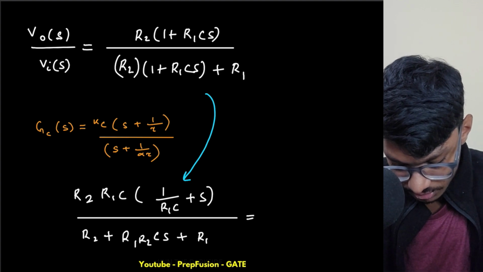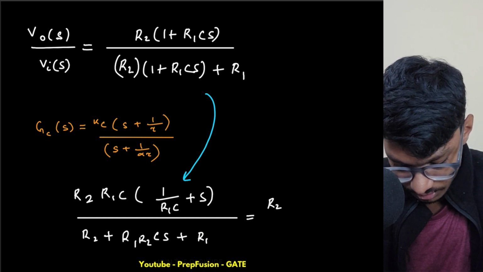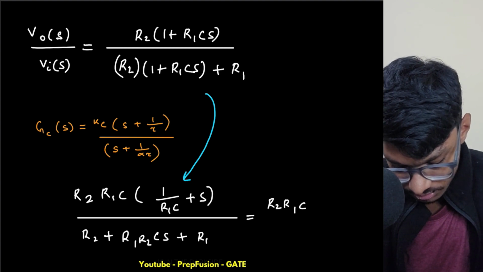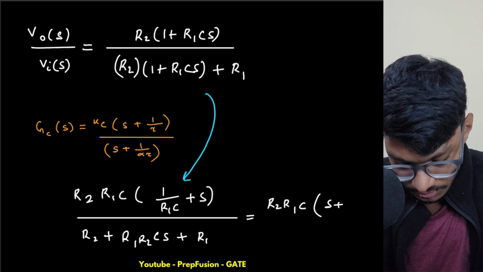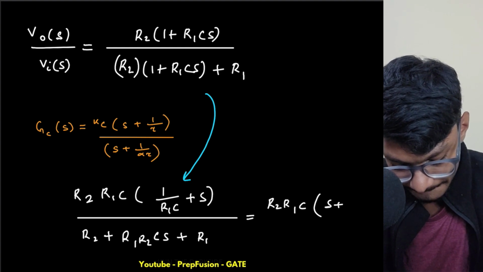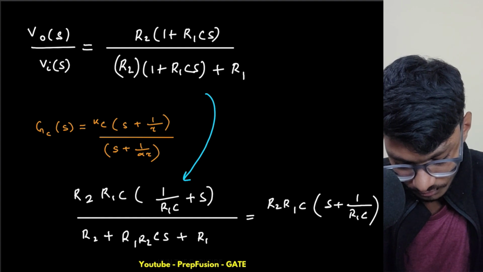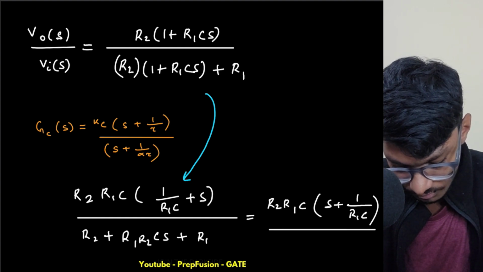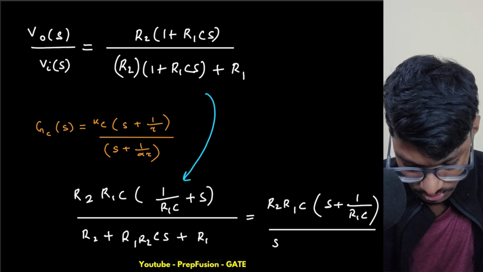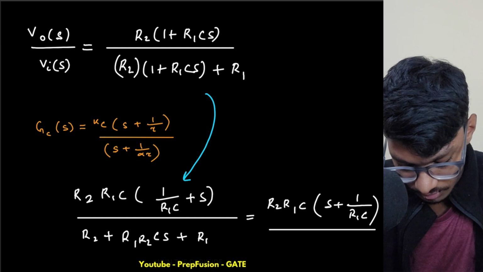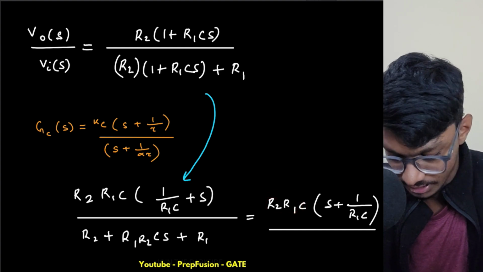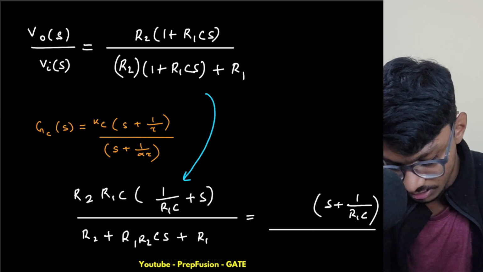So this will be equal to, if I take common R2 R1 C into s plus 1 by R1C. In the denominator I can take common C R1 R2. If I take common C R1 R2, this will get cancelled, so Kc will become 1 only.